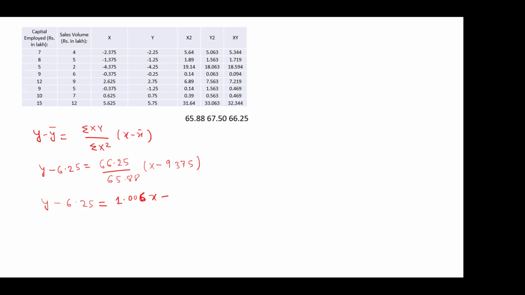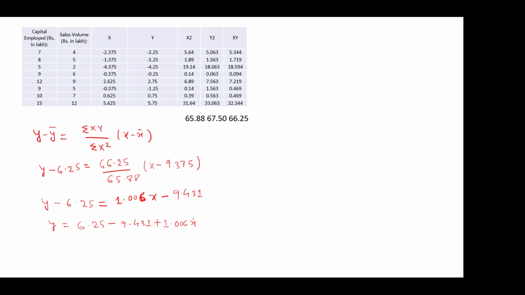So 9.375 into 1.006 is giving 9.431. Now y equal to this, minus 9.431, we will take the other side: y equal to 6.25 minus 9.431 plus 1.006x, right?